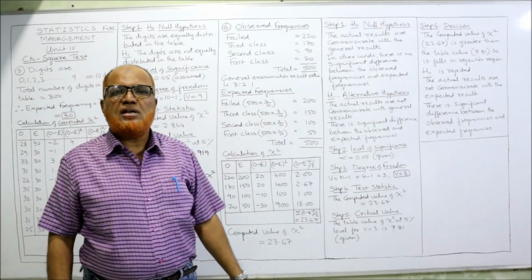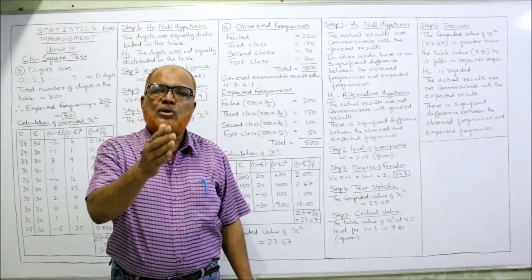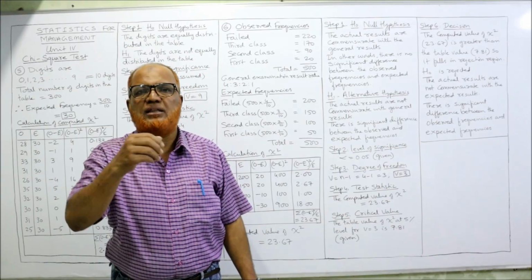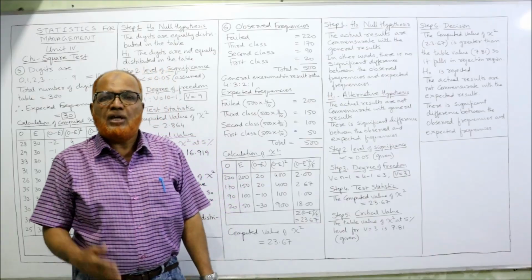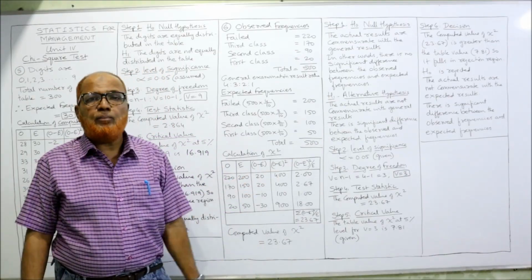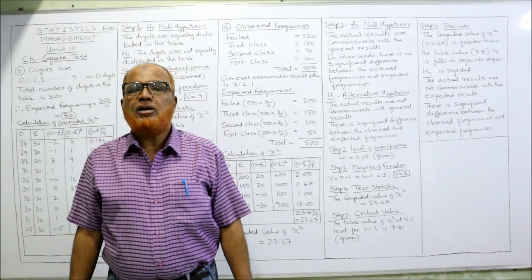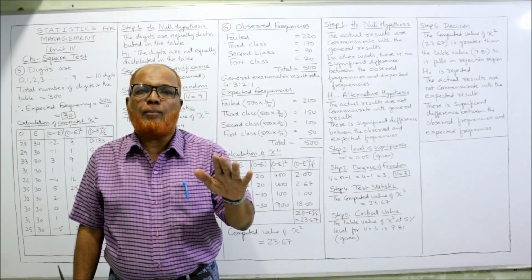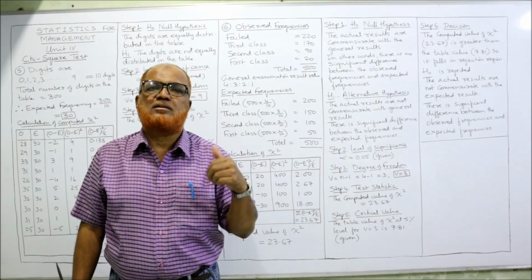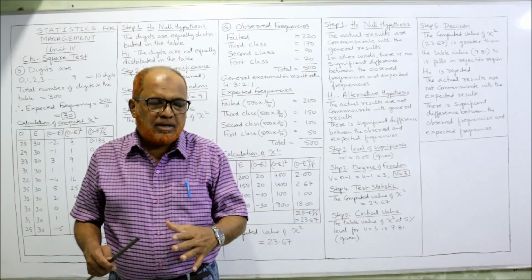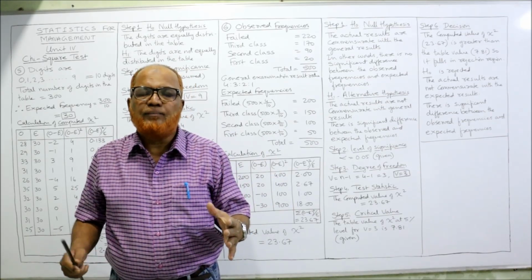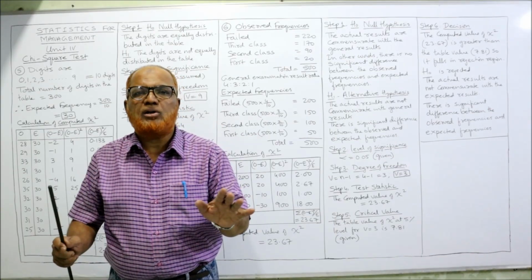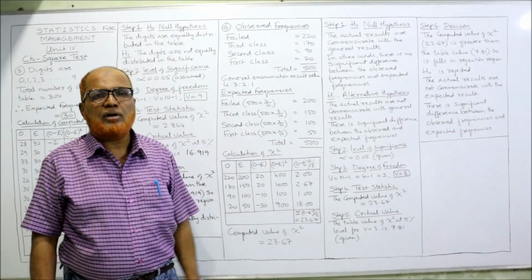The null hypothesis says actual results are commensurate with the expected results, no significant difference, and this we reject. Then what do we accept? The alternative hypothesis we accept. The alternative hypothesis says the actual results are not commensurate with the expected result. The results are entirely different. The observed frequency and expected frequencies are not the same. That we have to conclude.